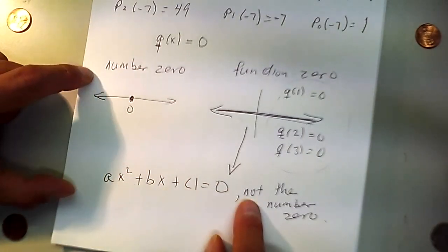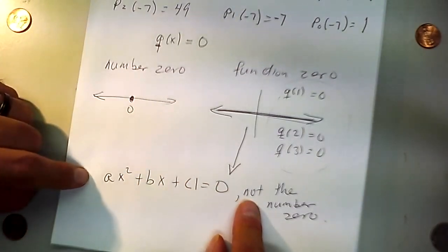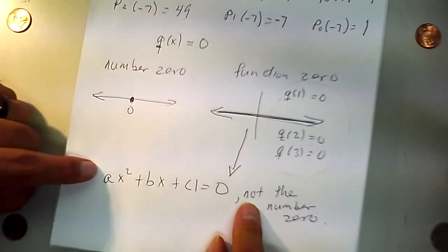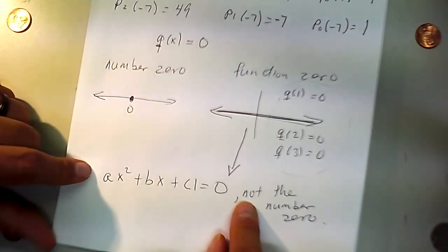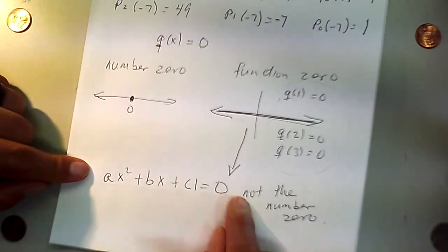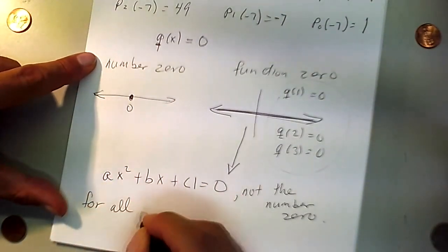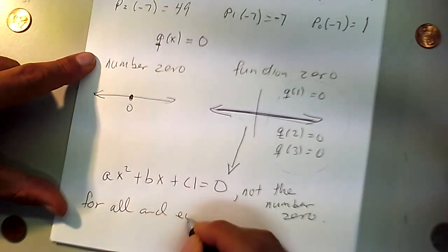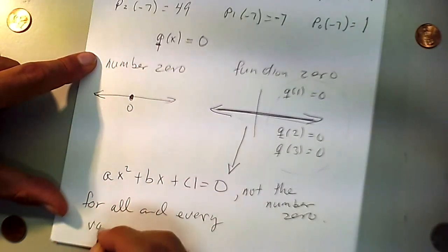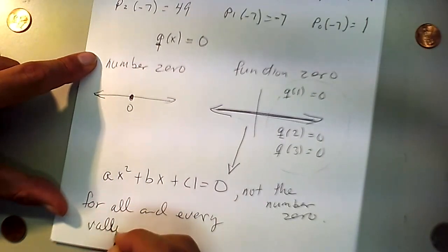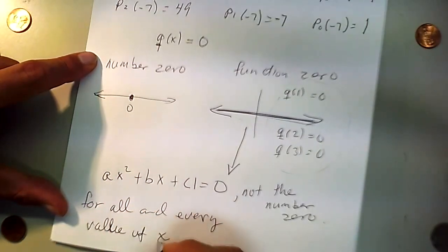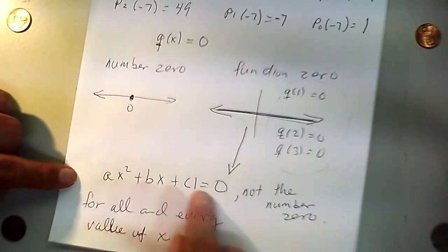I guess the difference between solving a quadratic equation and thinking of this as a vector is that this equation is true for all and every value of x. So if x is 5, this should be true.